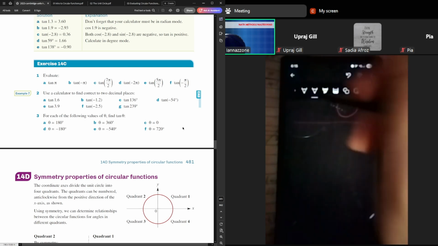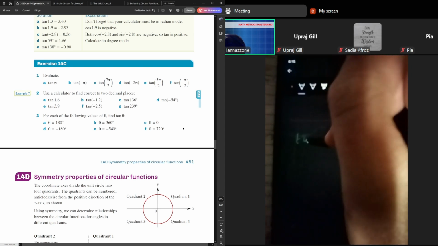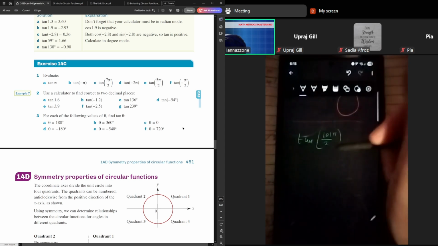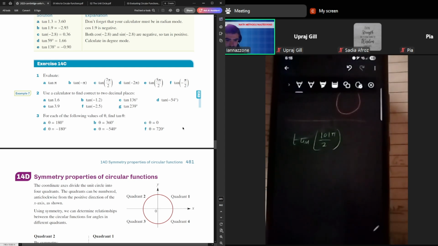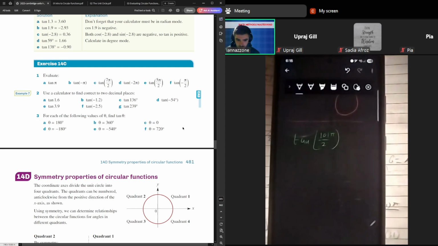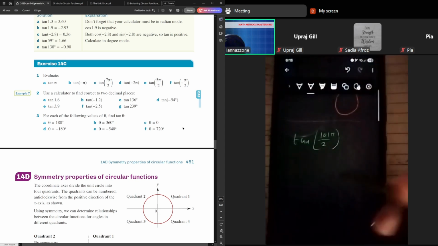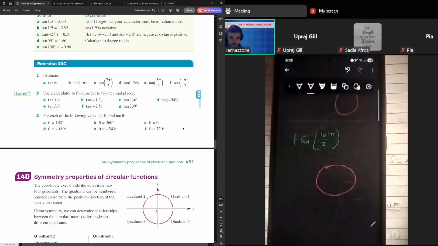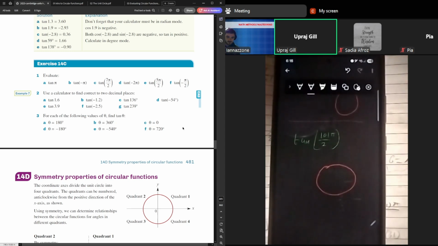And then lastly, let's go tan of 101 pi on 2. Tan 101 pi on 2. Undefined.